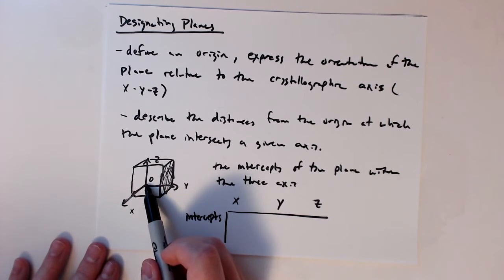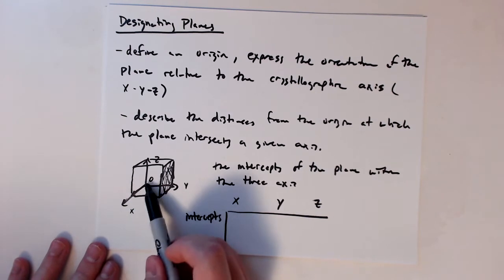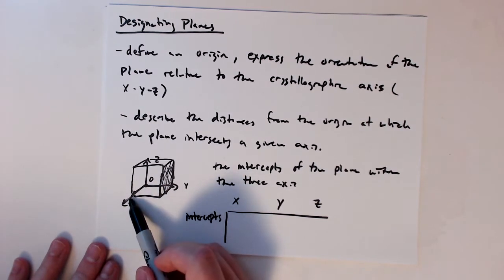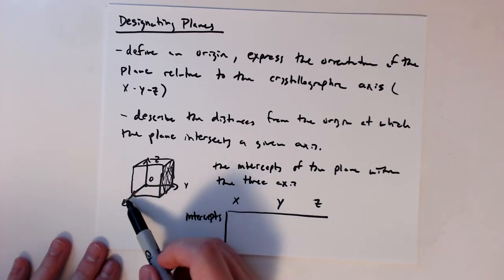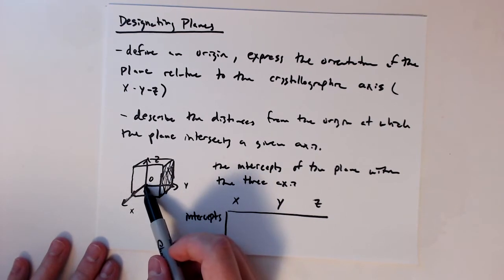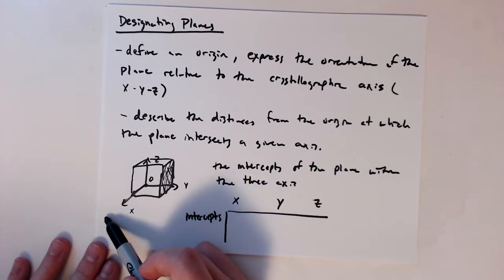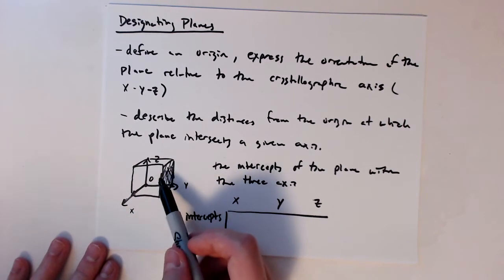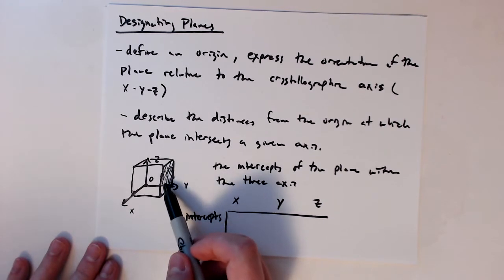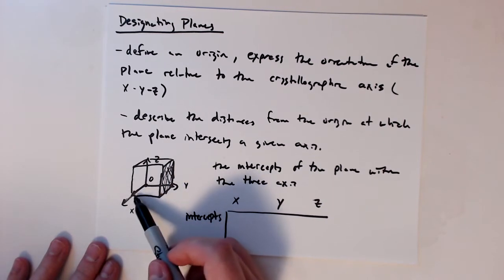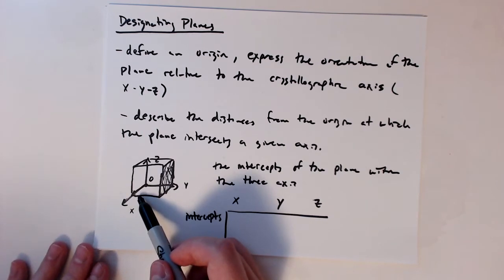I'm going to look at my x-axis, right? And I'm going to look at the intercept of this plane with the x-axis, starting at the origin. And so if this runs along this direction, and this plane continues in all directions, then you'll see that this is parallel to the x direction, the x-axis.